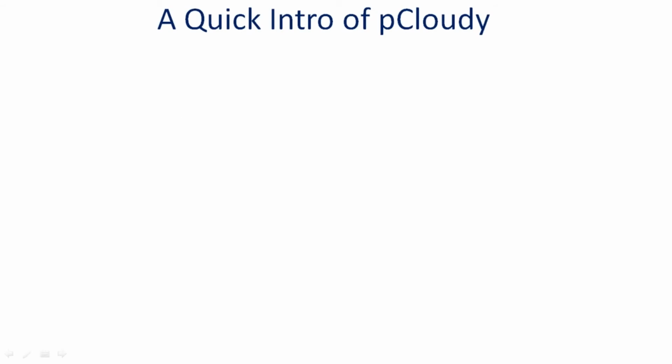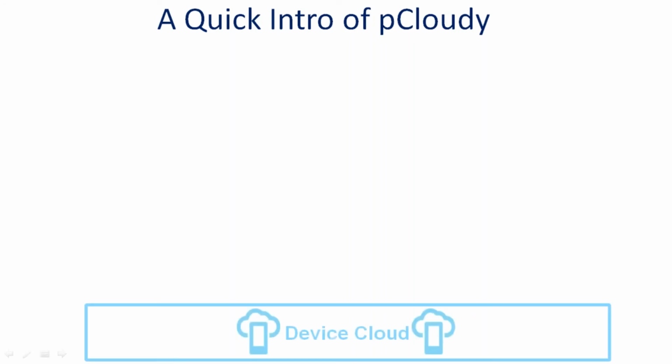Okay, so let's quickly see the brief about pCloudy. What is pCloudy? Who are we? What do we do at pCloudy? So pCloudy is basically a mobile device cloud test platform. Basically, it has got different mobile devices remotely available on the cloud. You can access those devices remotely to do primarily manual testing or automation execution on these devices.